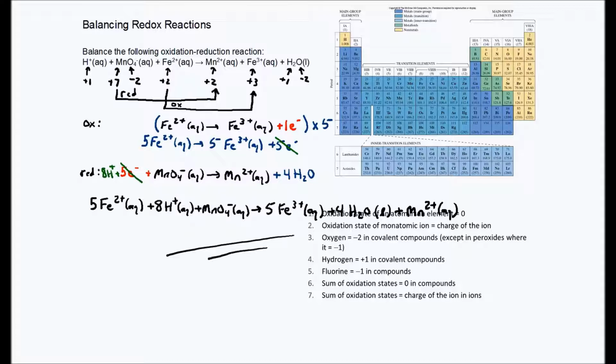And there then is the balanced redox reaction for this example.